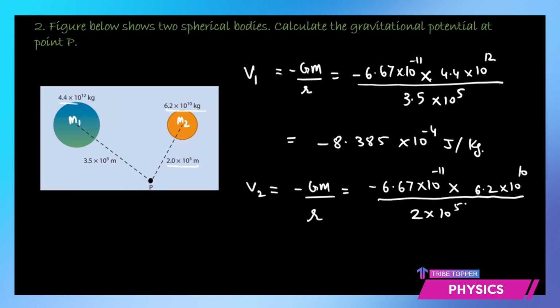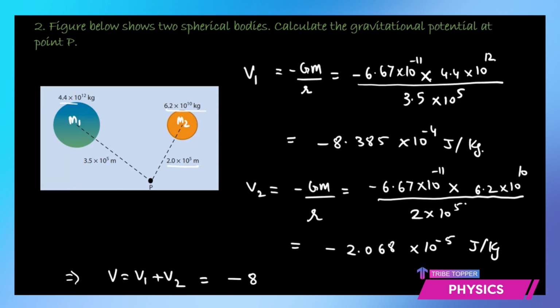Solving this, we get a potential of negative 2.068 times 10 to the power negative 5 joules per kg. When you add these two, one is 10 raised to negative 4, the other 10 raised to negative 5, so you rearrange the terms and you get a total value of V, the sum of the two potentials, which gives us negative 8.6 times 10 to the power negative 4 joules per kilogram.